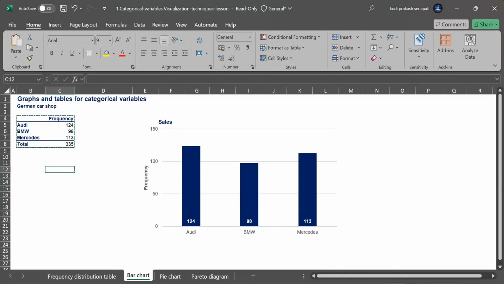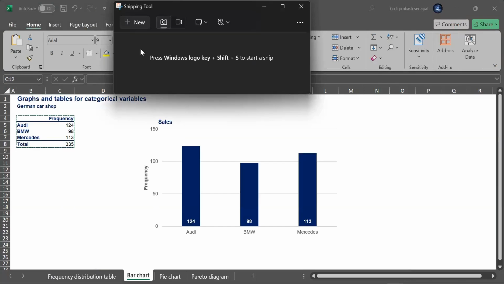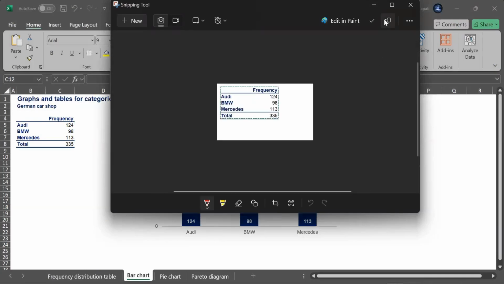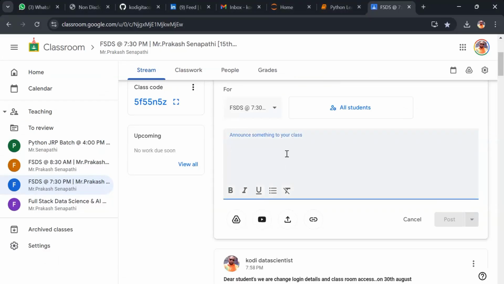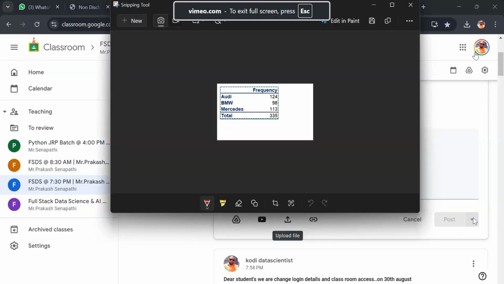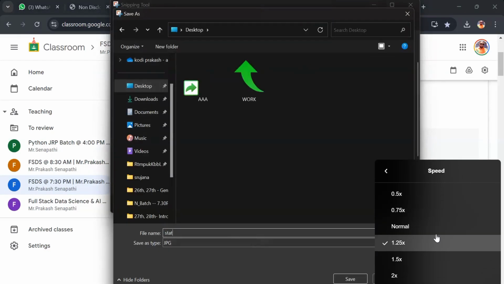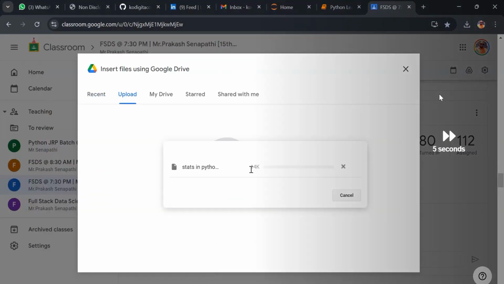Or I think create a snip tool and new copy. Can I paste here? No, just one second. Desktop, Python. And now just one second.